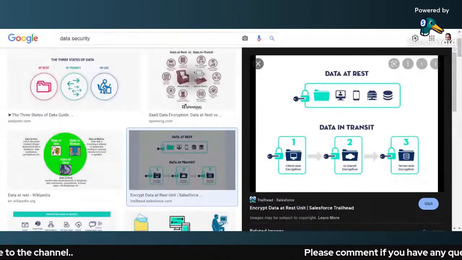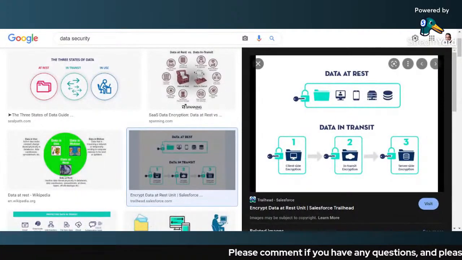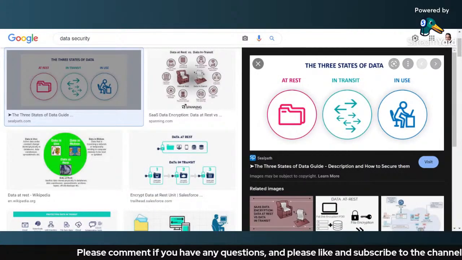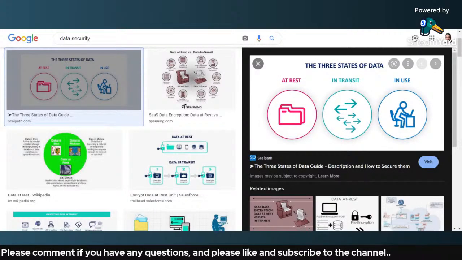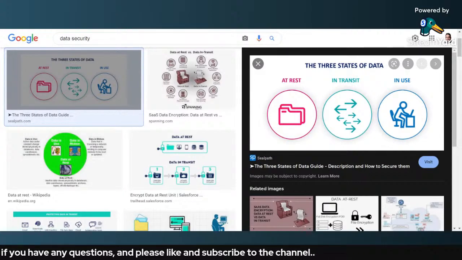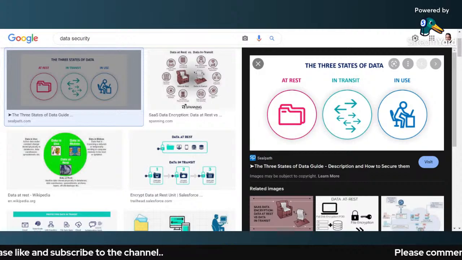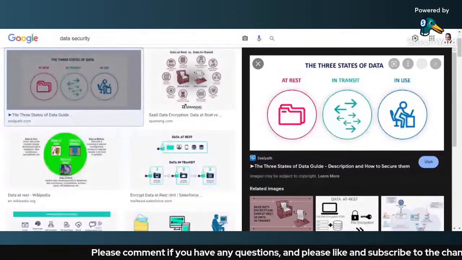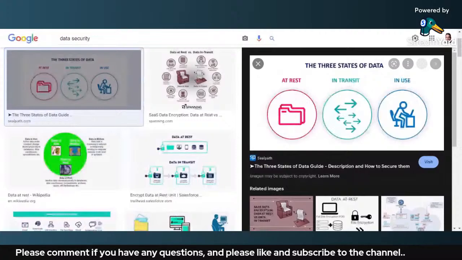Third one, as you can see over here, data in use, which is also known as data in processing, where data is being processed by a system. Okay. So when the data is in memory, when data is being processed, this is where also you have to make sure that you protect the data.